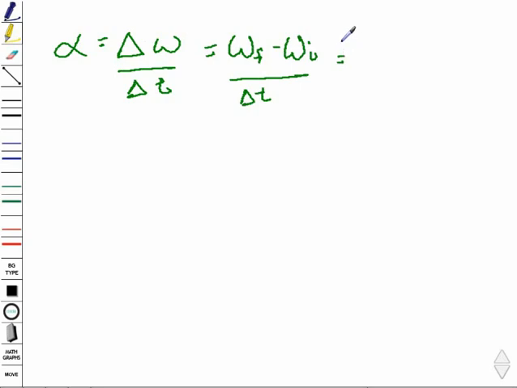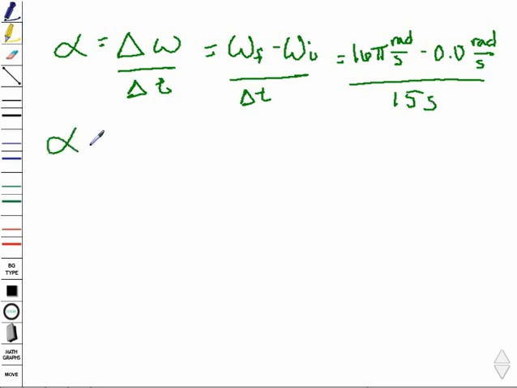From our knowns, our final angular velocity was 16 pi radians per second, our initial angular velocity was 0 radians per second, and our change in time was 15 seconds.